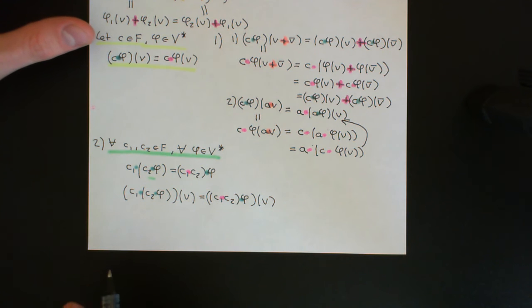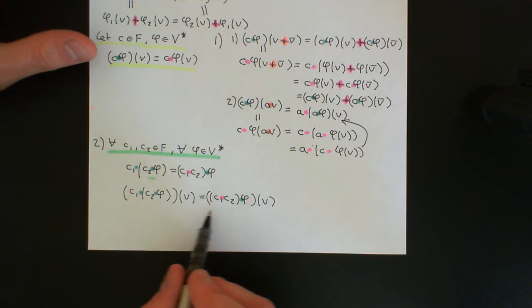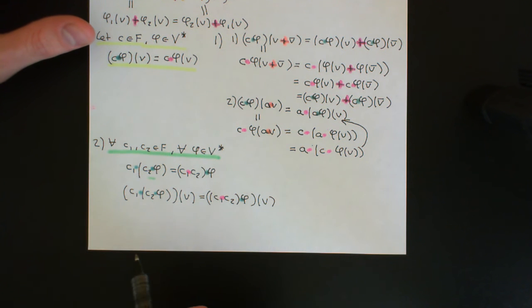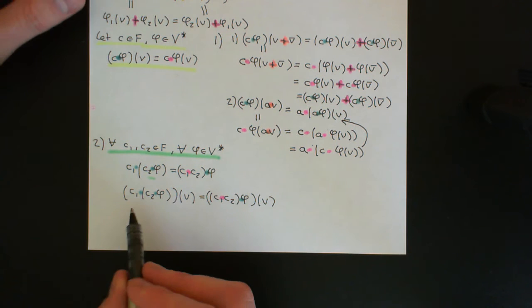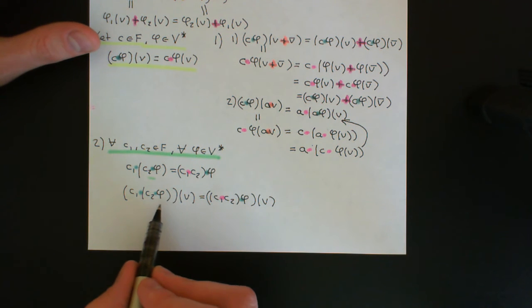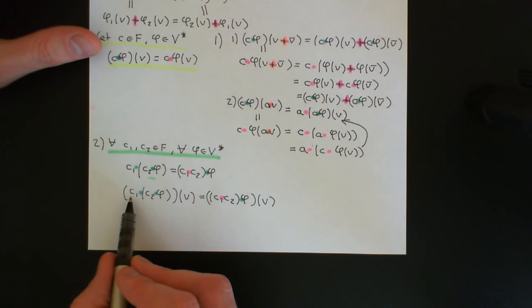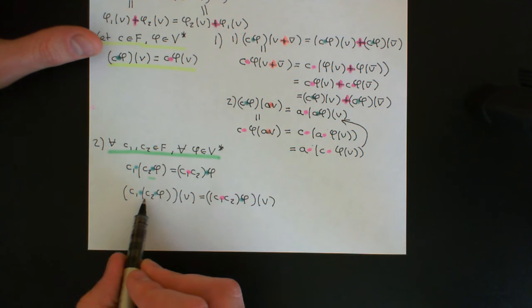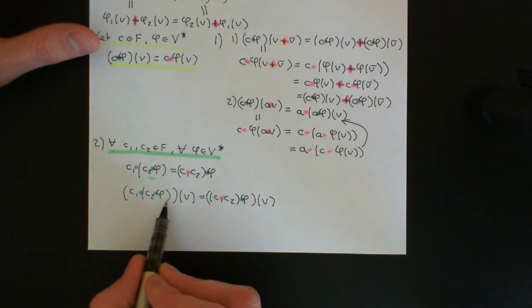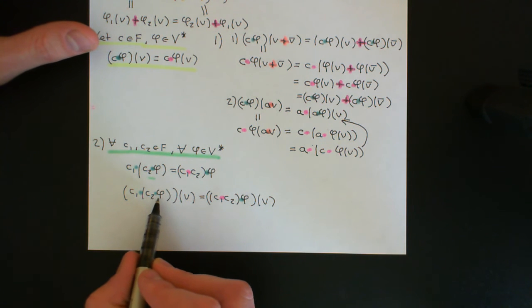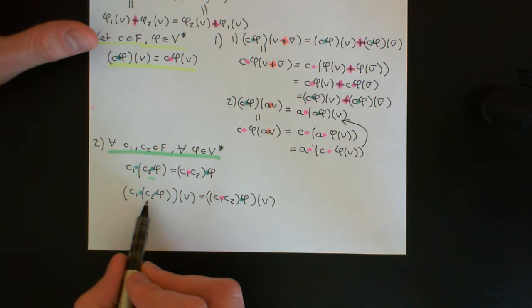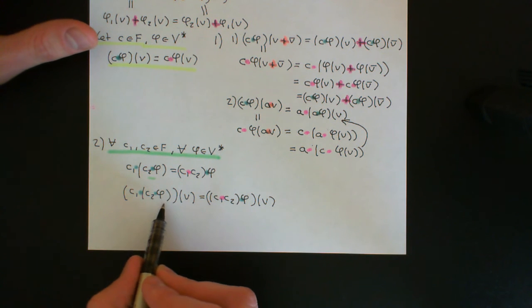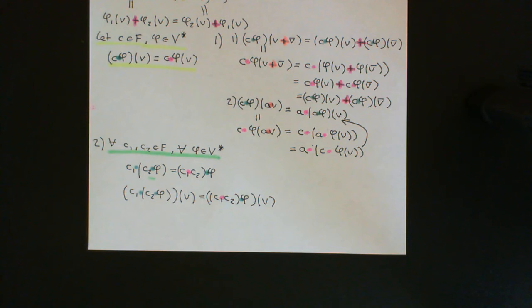Okay, so how are we going to do this? Well, we're just going to take both sides and try and prove that they're equal to one another using the definition. So we'll firstly use this here. Okay, so we have got C1 scalar multiplied by some element of the dual vector space. So C2 scalar multiplied by phi. Ignore the fact that this is made up of two things at the moment. Just view it as an element of the dual vector space.